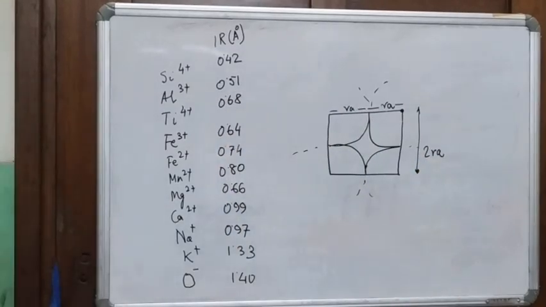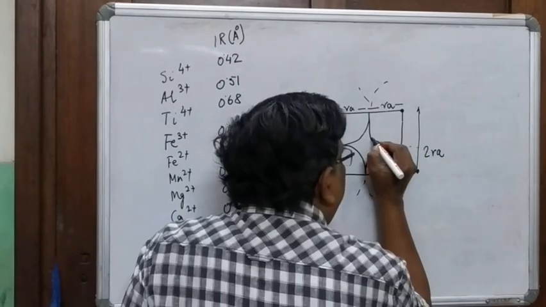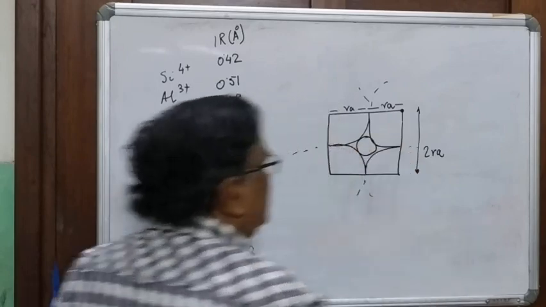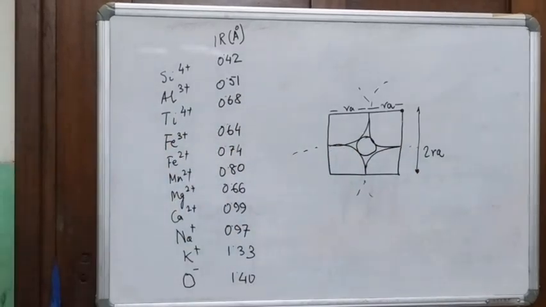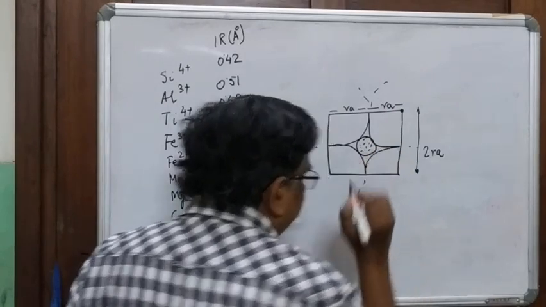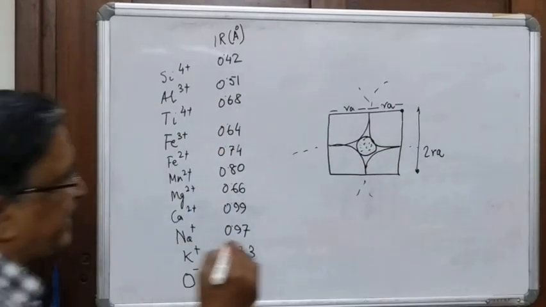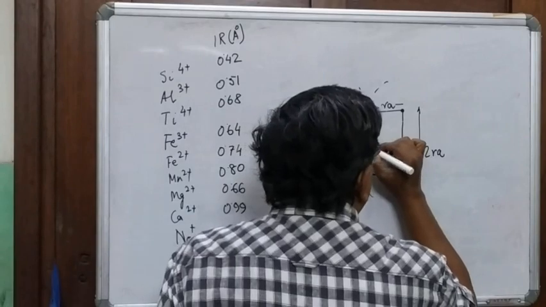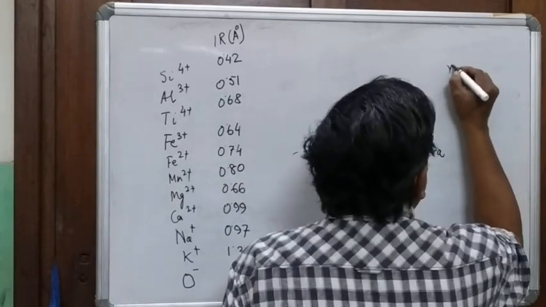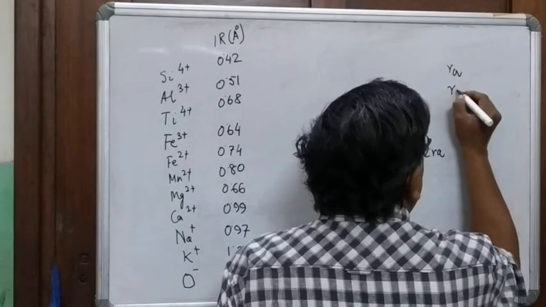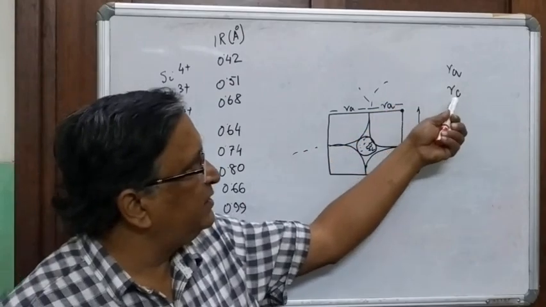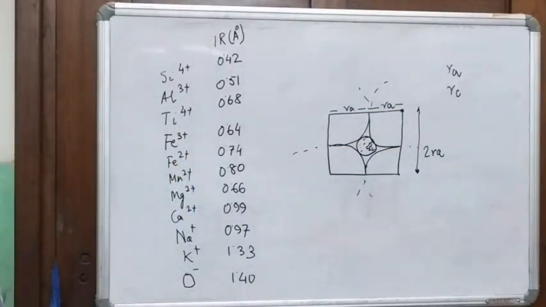And now, in this space, we put in a cation. The radius of the cation is called RC. So you have RA and RC. Many of you know this: RA is the radius of the anion and RC is the radius of the cation.